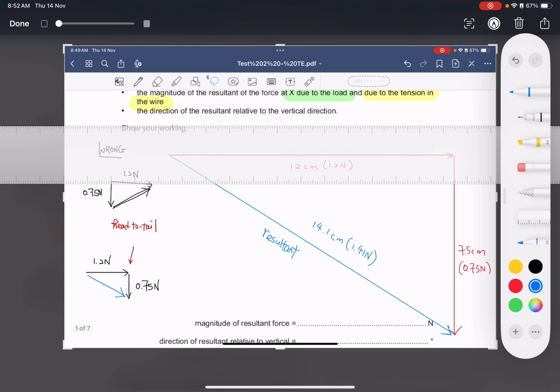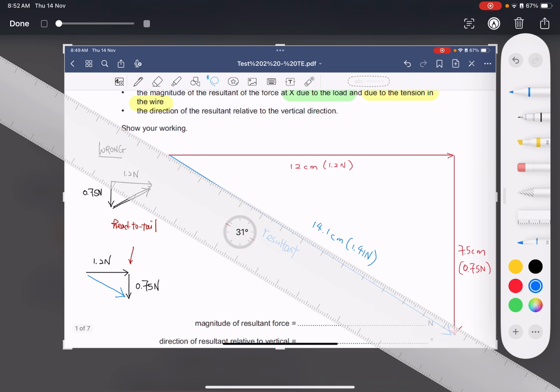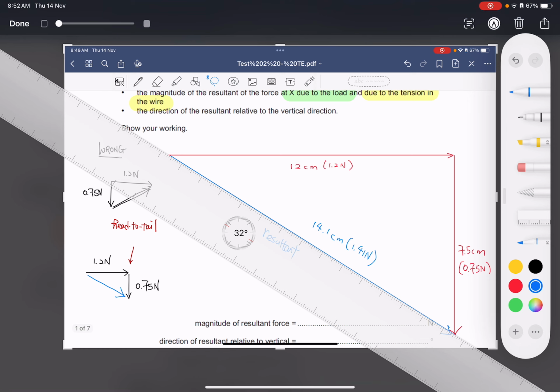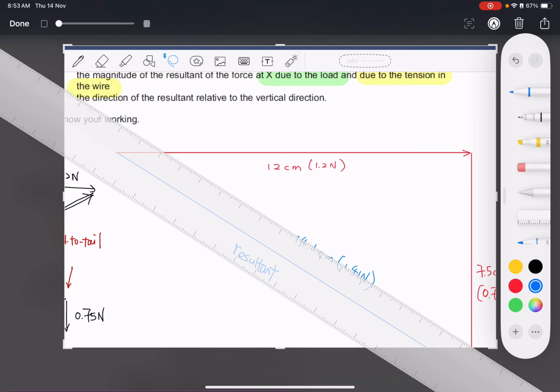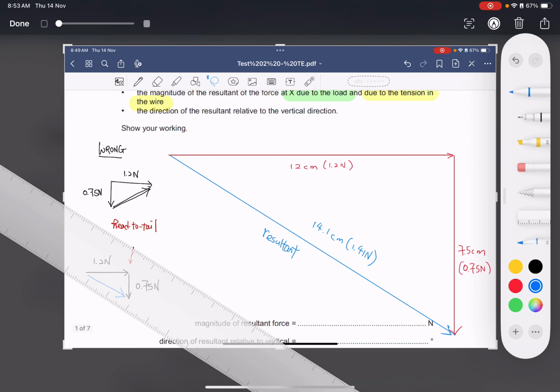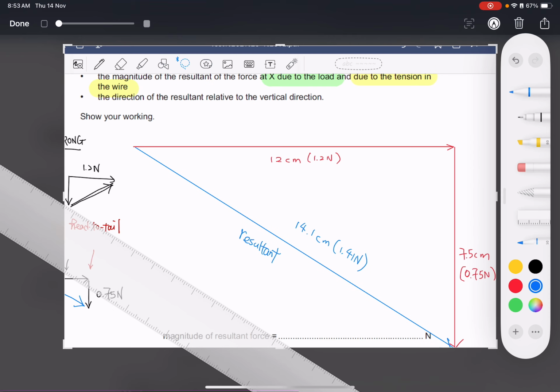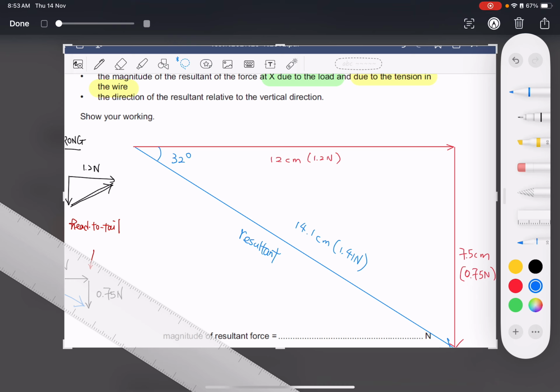Okay, so this is all I have here. Let's say 32 degrees. So it tells us that I have 32 degrees here.